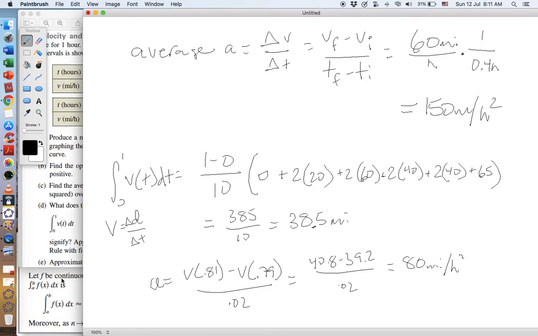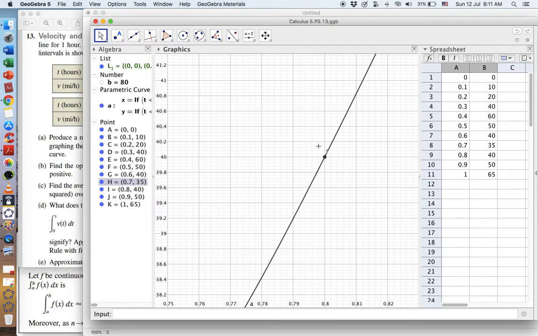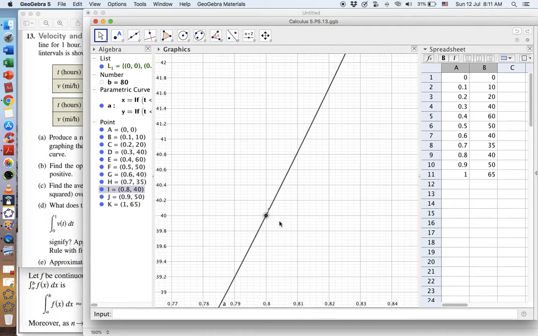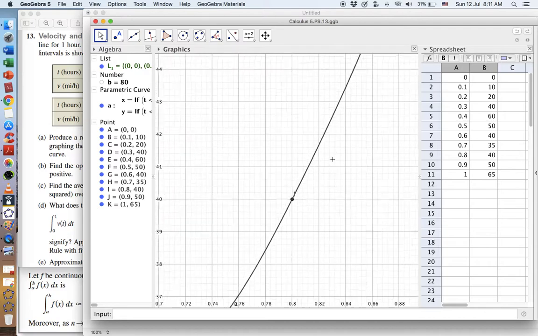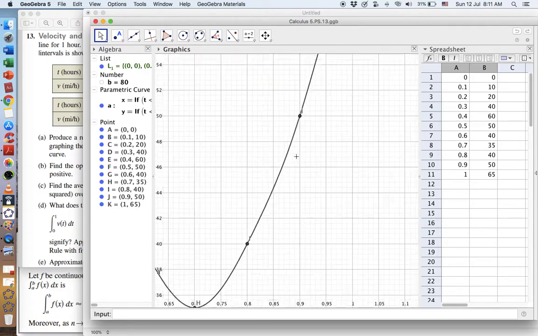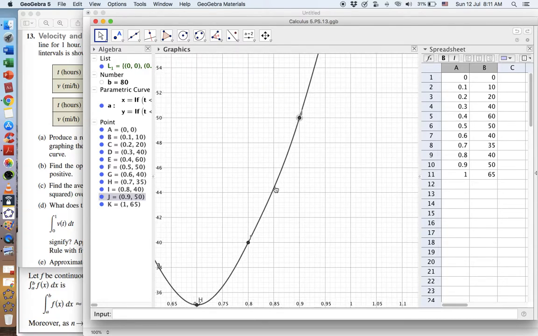We could also use 0.8 as our starting point and 0.9 as our ending point. I think that gives us the average acceleration between these two time periods over that 6-minute period, which I don't find as accurate, but I think it depends on the method you want to talk about.